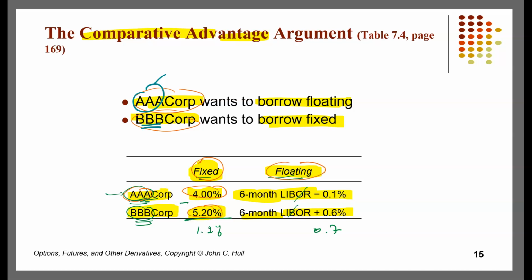So this difference between the fixed rates for AAA and BBB that we have at 1.2 should be about the same in the floating rate market, but it is not. The difference between these two is 0.5%. What that tells us is that there is some form of arbitrage opportunity that could be put in place in order to take advantage of this difference, which is the 0.5%.